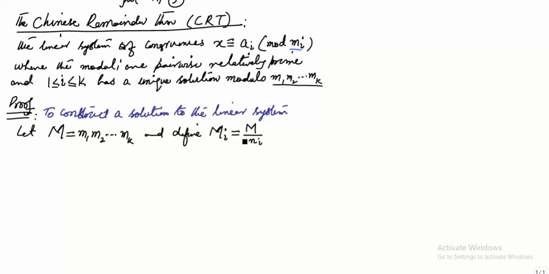So capital Mi is the product of all moduli divided by mi, and we know that all mi are pairwise relatively prime.